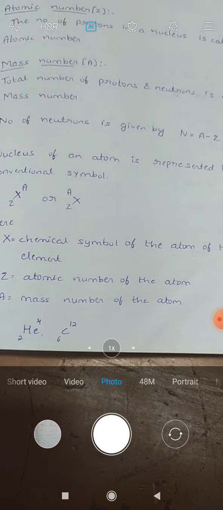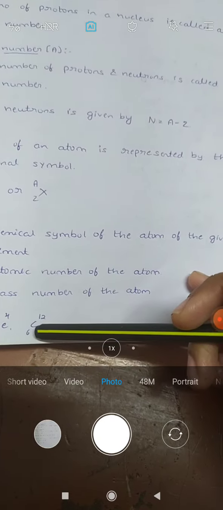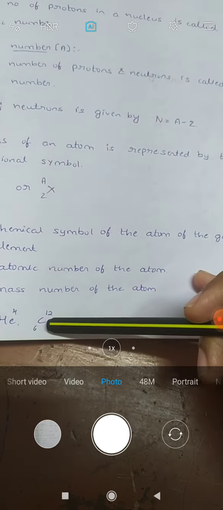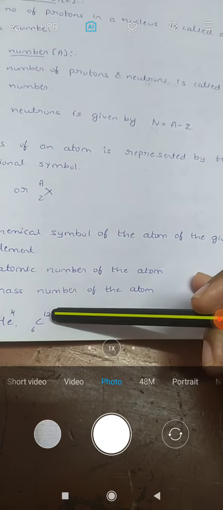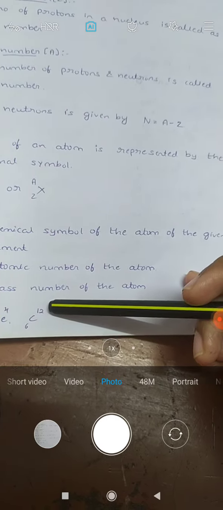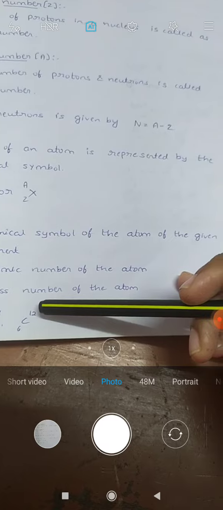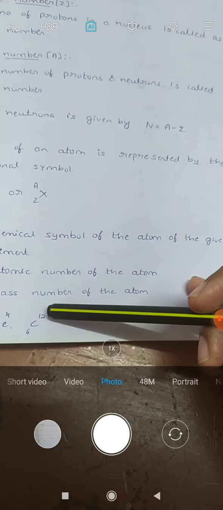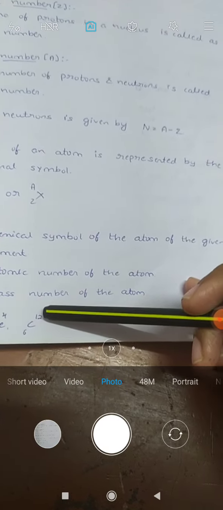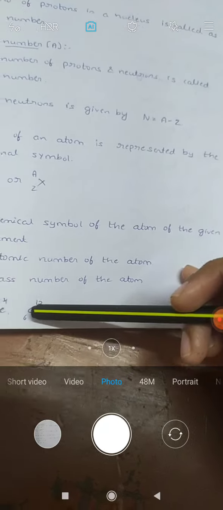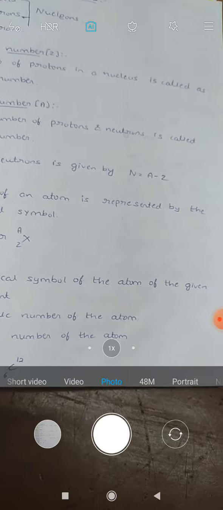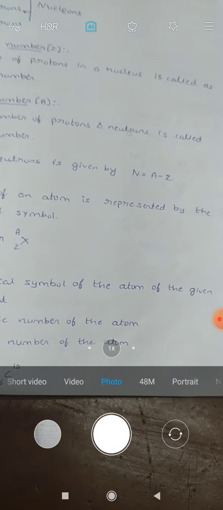At the same time, the element carbon consists of 6 protons and 6 neutrons, so its mass number is taken as 12 and its atomic number is taken as 6. This is about the general properties of the nucleus of the atom.